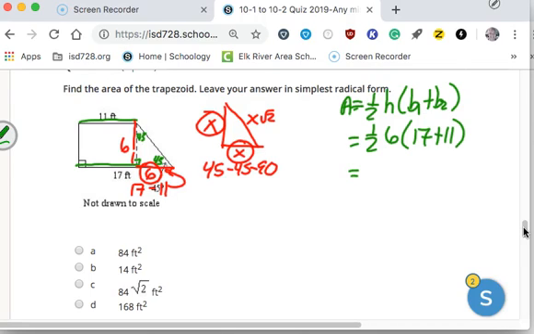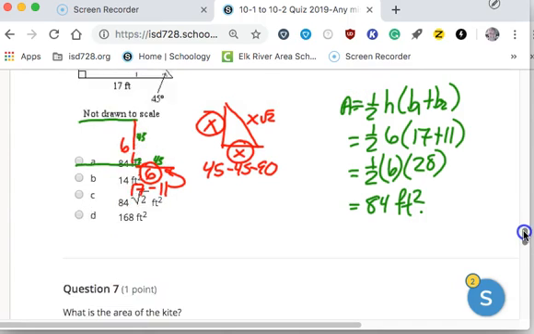So now I've got 1/2 of 6 times 28. And I've got 28 times 3, because that's half of 6. And I'm going to get 84 as my answer. So it's 84 feet squared. Remember, I'm looking for formulas, I'm looking for the values you're plugging in, and I'm looking for your answer all dressed up with units.